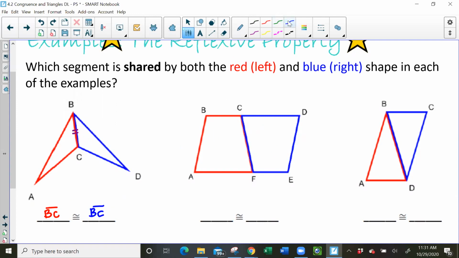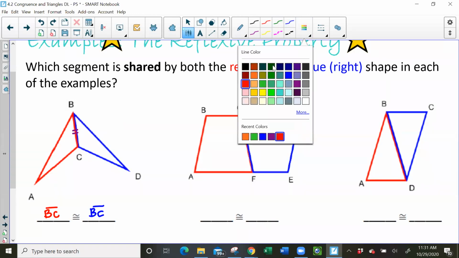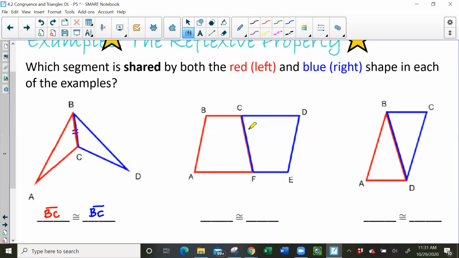Let's look at the quadrilaterals here, our little trapezoids. In the red one, I have side CF. So I'm starting up here and I'm going down this way to name that side.